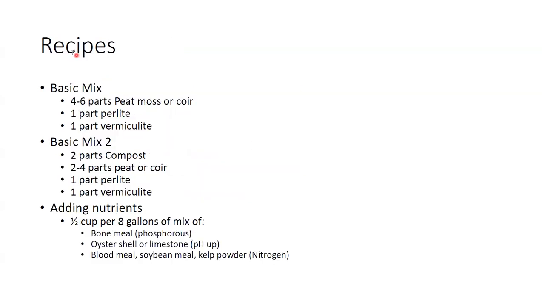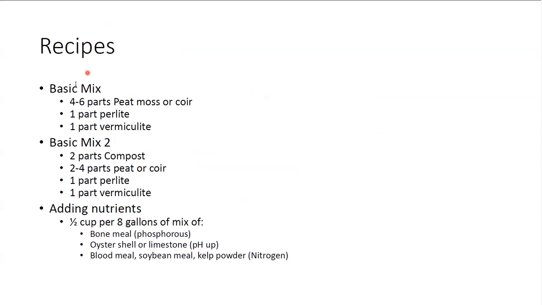So here's some basic recipes for you. This is just handy for you to consider and think about, and then tweak them as you see fit. A basic mix is typically 4 to 6 parts peat moss or coir, 1 part perlite, 1 part vermiculite. And then a different one may be 2 parts compost, 2 to 4 parts peat or coir, 1 part perlite, 1 part vermiculite.